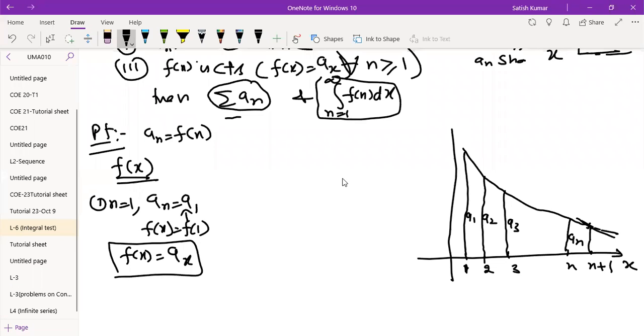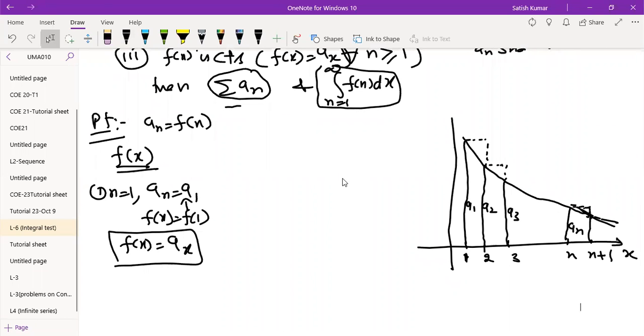Now at a1, I'm just extending this rectangle, making this rectangle, making this rectangle. Now just focus on this area from 1 to n plus 1. This area. Now, do we have any formula in integration to find this area?